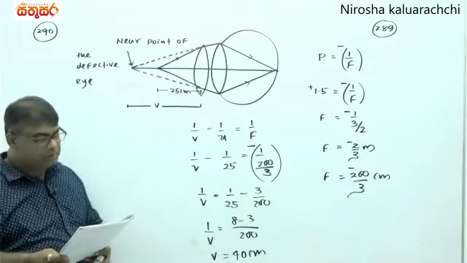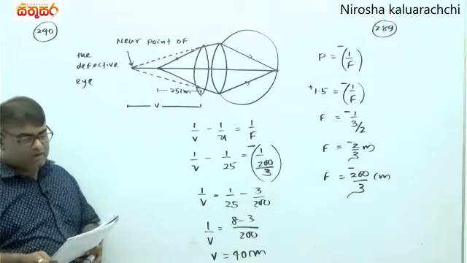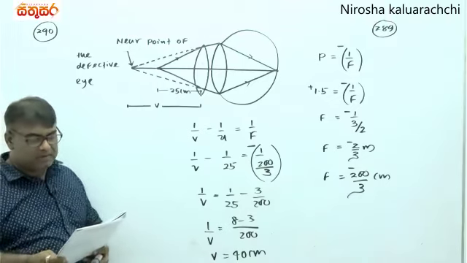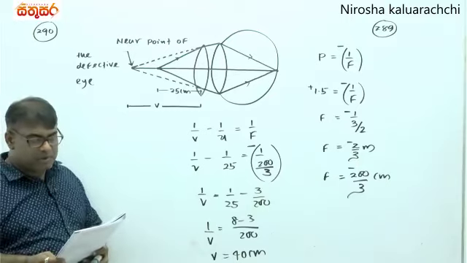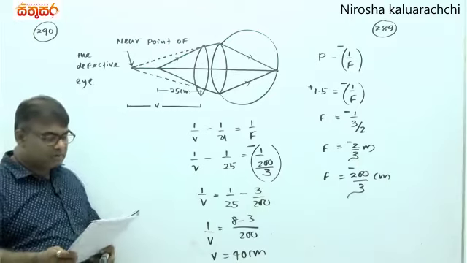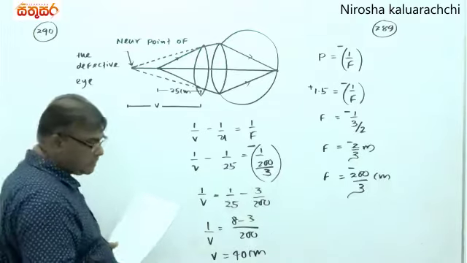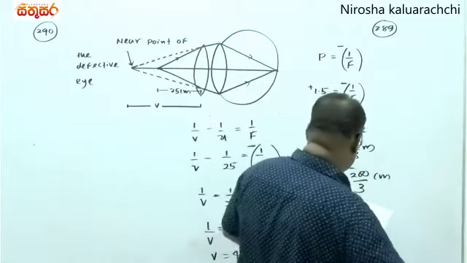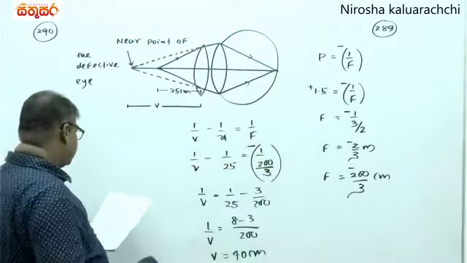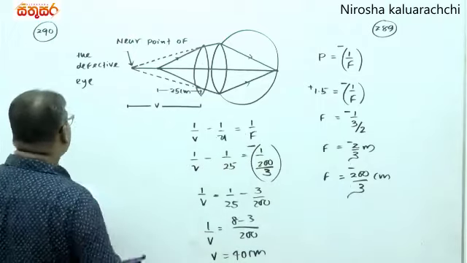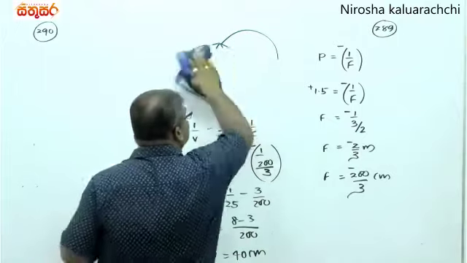Read the question carefully. The person can see long distance after wearing the spectacles of 0.25 diopter. What is the far point of the defective eye? Person can see the distance object, long distance you can consider infinity.